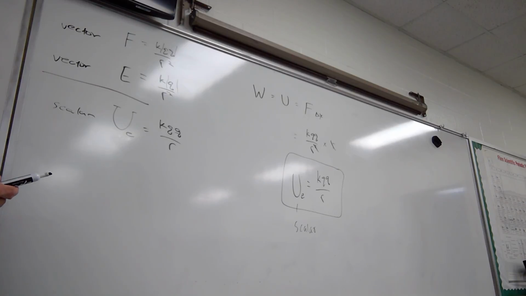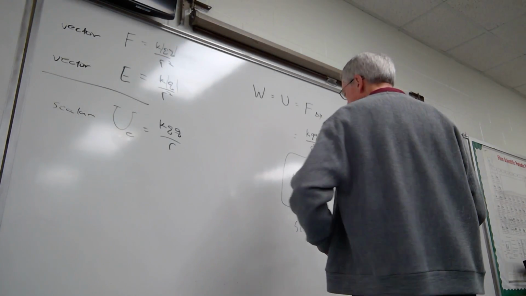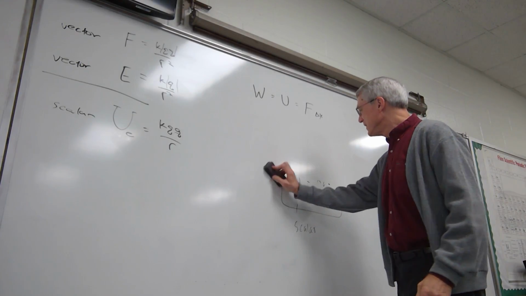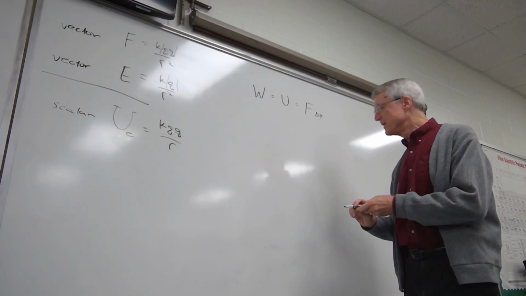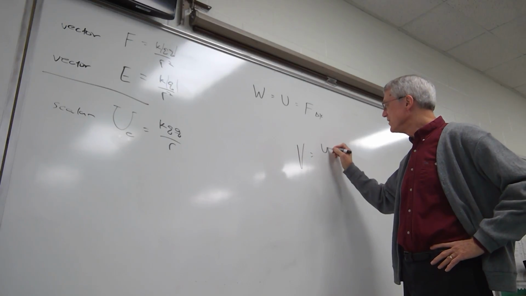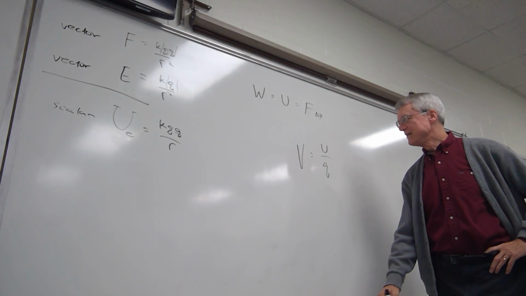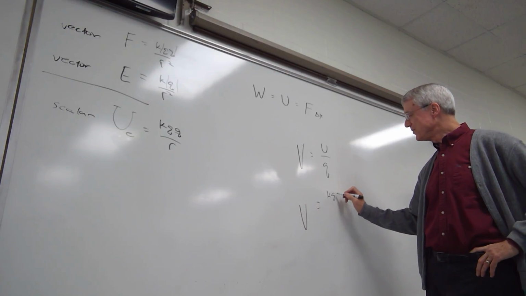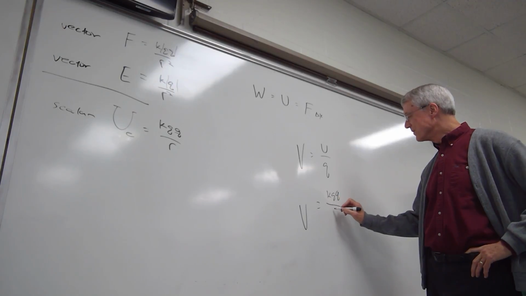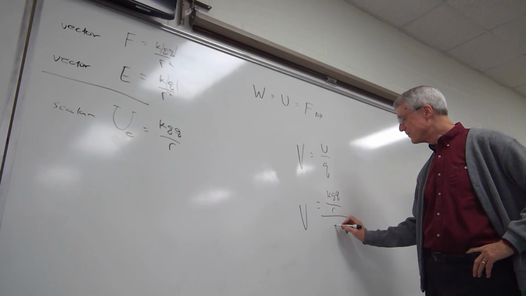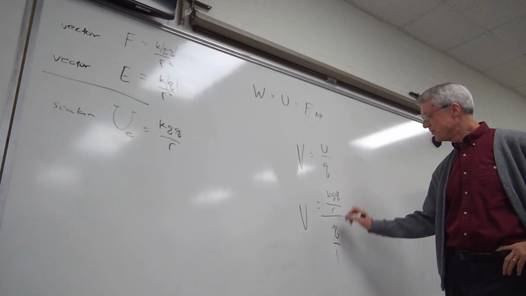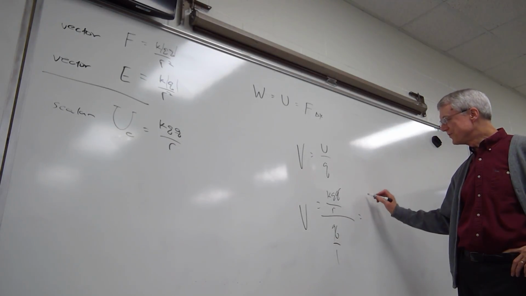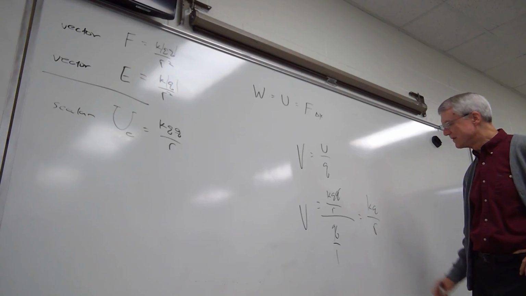Okay. Now we're going to derive quickly one more, because V is the new thing in this chapter. So V, this is pretty simple. You probably already have done it in your head. Since V is U over Q, and U is kQQ over r, and that's over Q, then that Q cancels that Q, and you get V equals kQ over r.